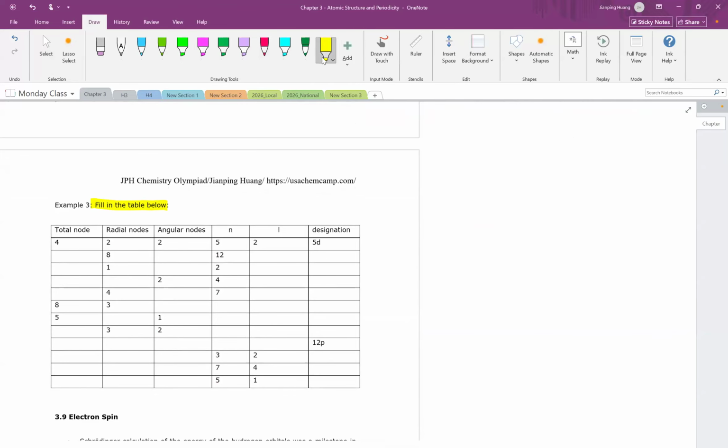Okay, this is even harder. You put the number, you put the letter. This is a hard one.